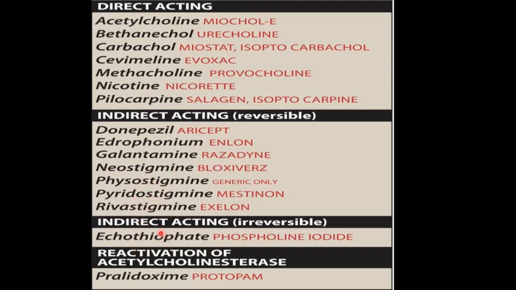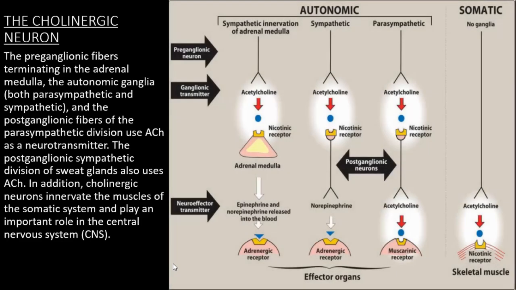Then indirect acting but irreversible include echothiophate and other organophosphates. Then we have drugs used to reverse the effects of organophosphates before aging occurs. You will learn what aging is if you haven't. They include pralidoxime.